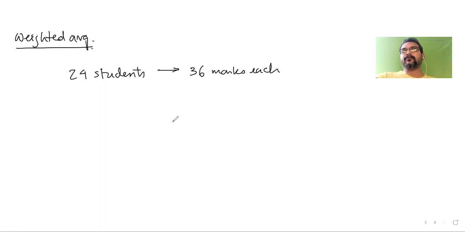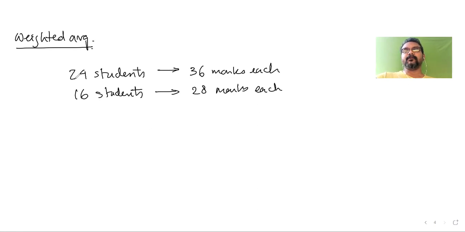So you have 24 students scoring 36 each, and there were another 16 students who, let's say, scored 28 marks each. I want to figure out the average score for the entire class.